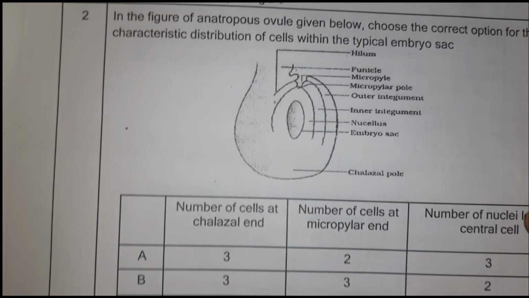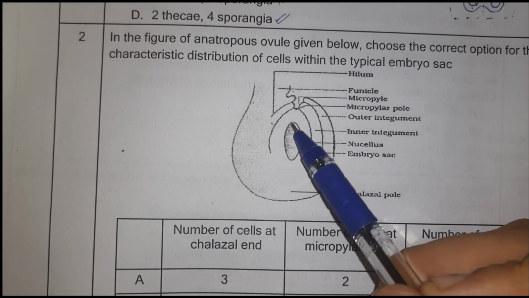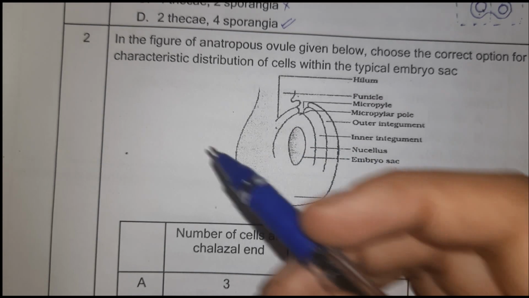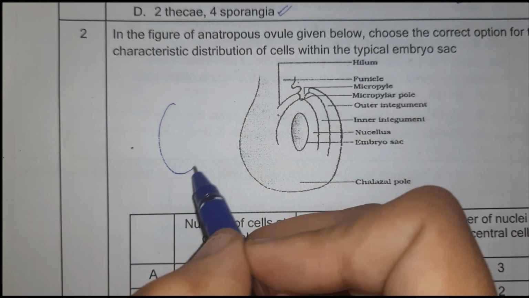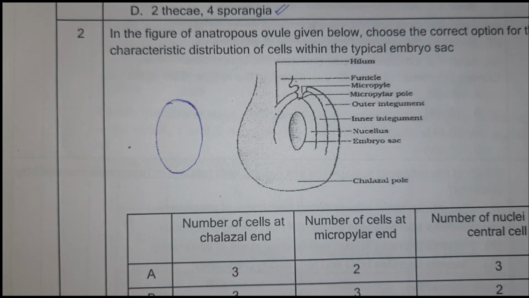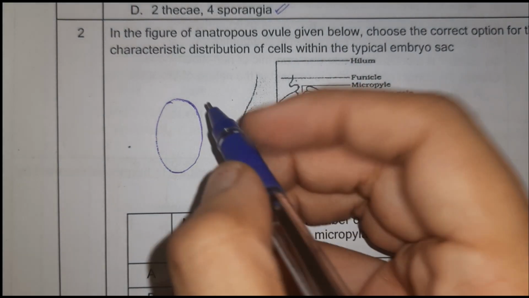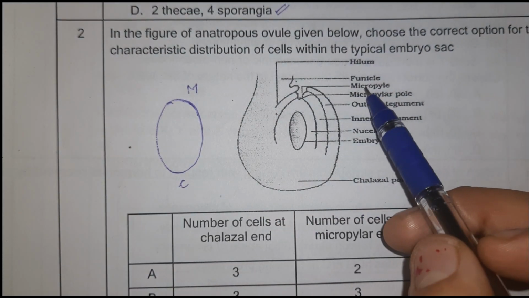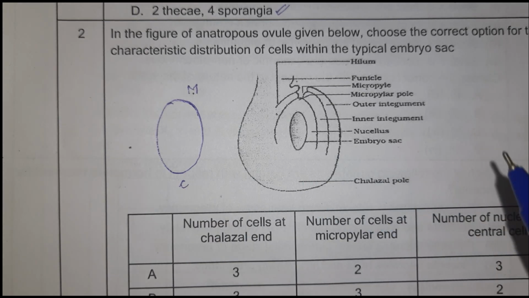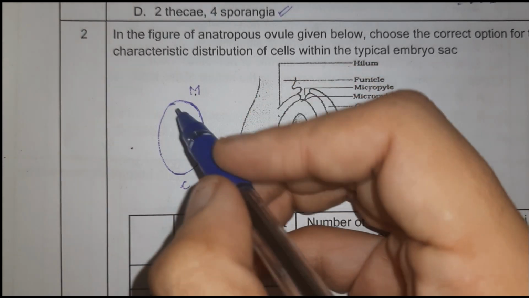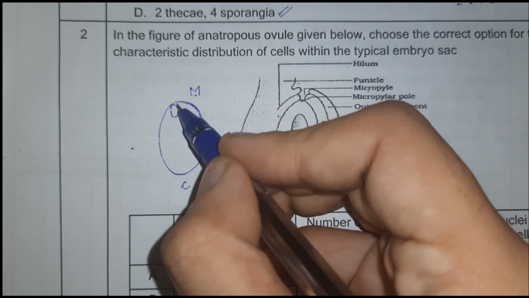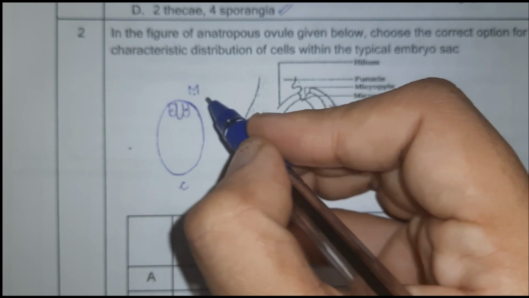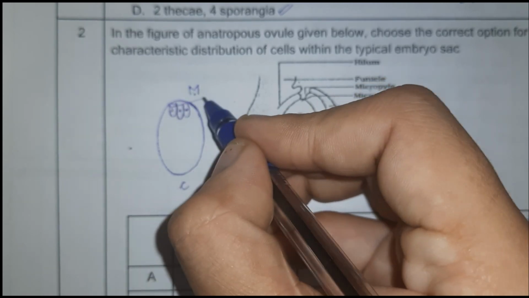Looking at the structure, we have been asked basically about the female gametophyte or embryo sac. This is the micropylar end and this is the chalazal end as per our figure. At the micropylar end we have 3 cells, 2 synergids and an egg.